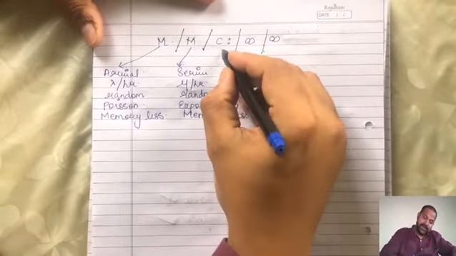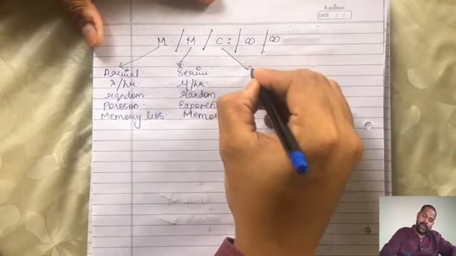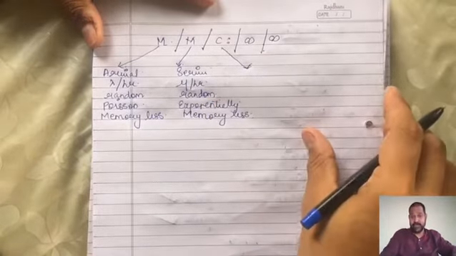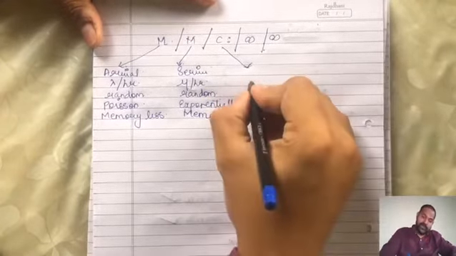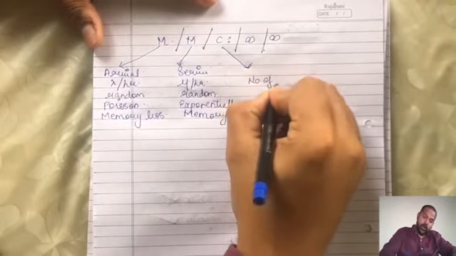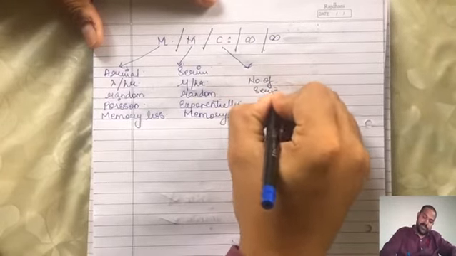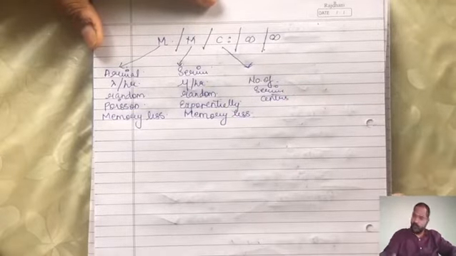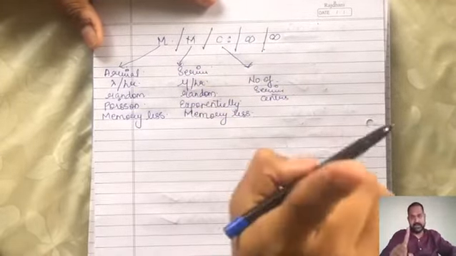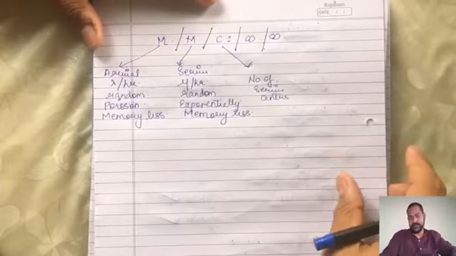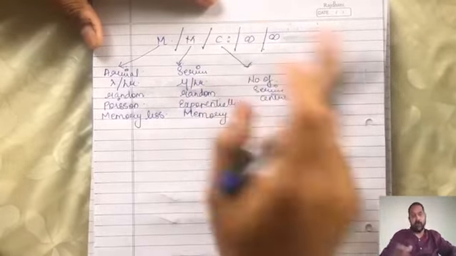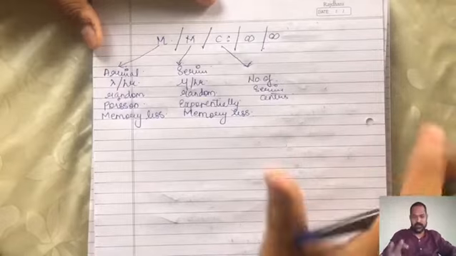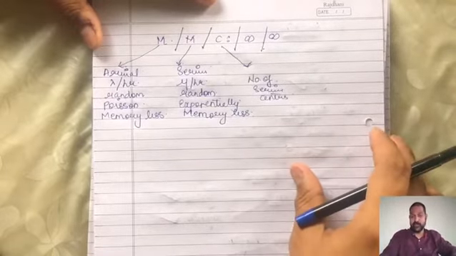This C tells you how many workstations you have, or the number of service centers. If you have one service center, then this C is 1. 2 service centers, this C is 2. Apart from Kendall's equation, we have not taken this, so it does not have any significance in your exam.